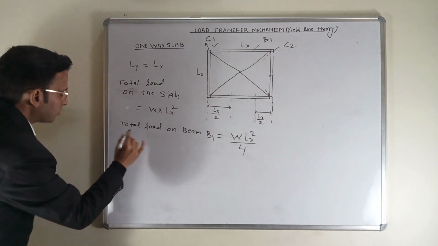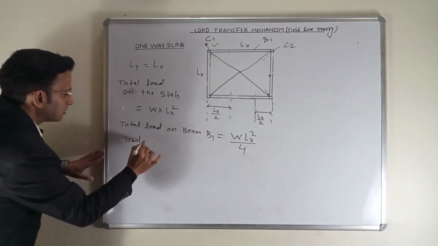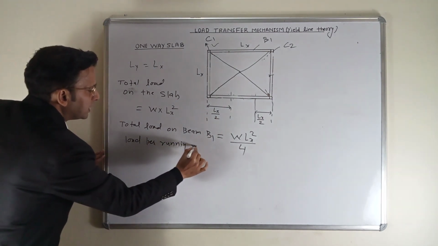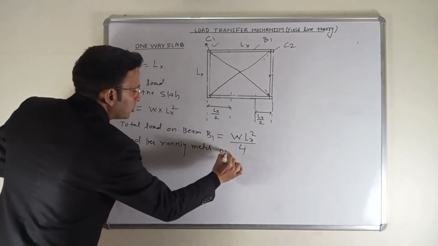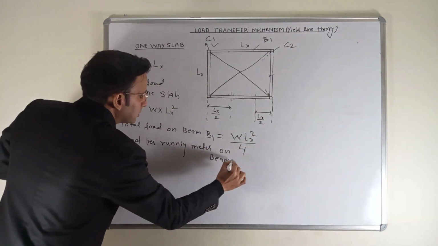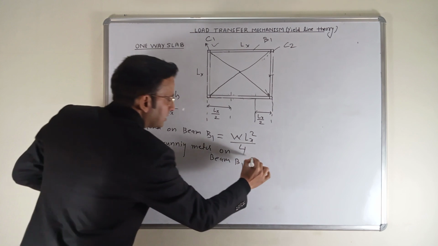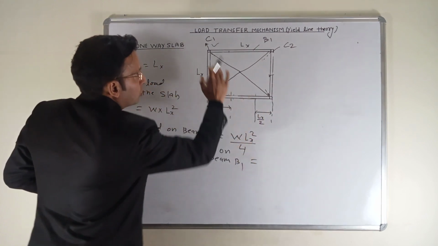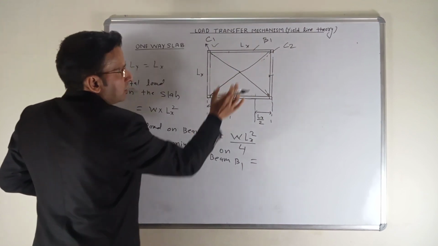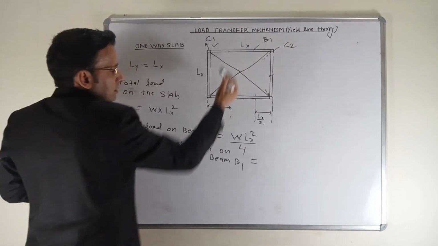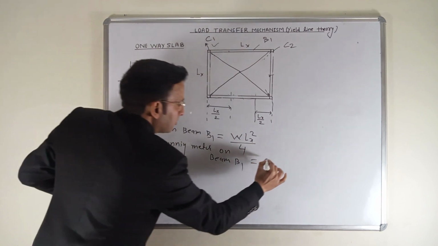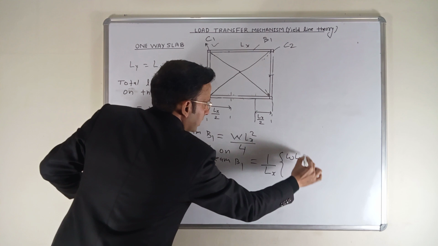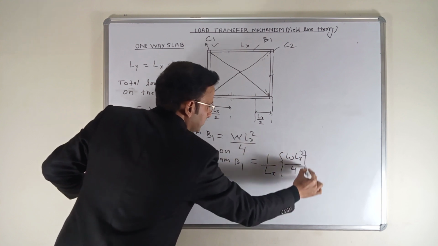Okay. If I want to calculate the load per running meter on beam B1, this W Lx square upon 4 is the total load on the beam, and to calculate the load per running meter, you have to divide this by Lx, so 1 upon Lx times W Lx square upon 4.